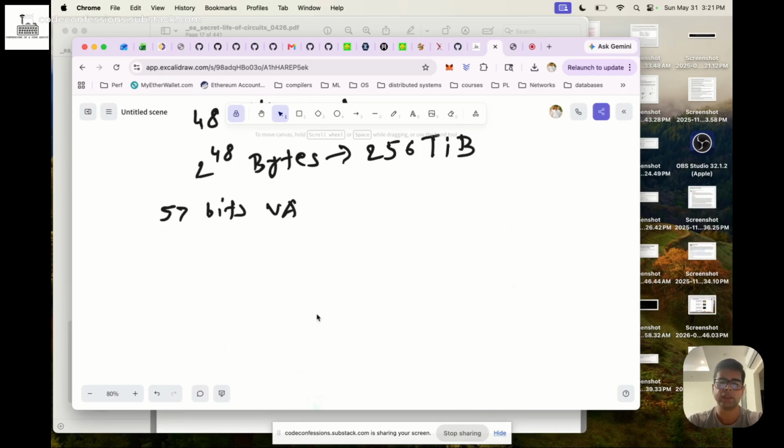Not really. This difference between virtual address space and physical address space is possible because the mapping of virtual to physical memory is done by the kernel, and the kernel is aware of how much physical memory is available. So it will make sure that no process can grow beyond what is available.